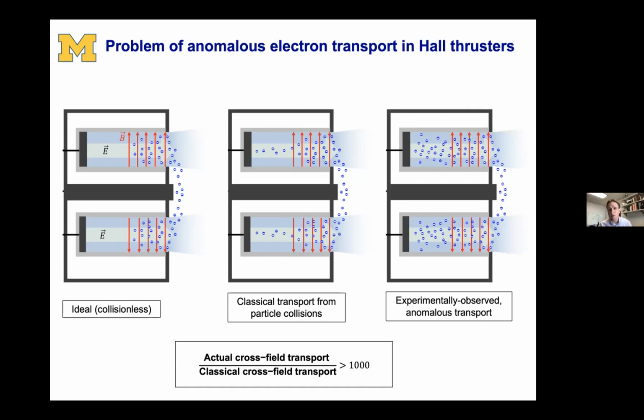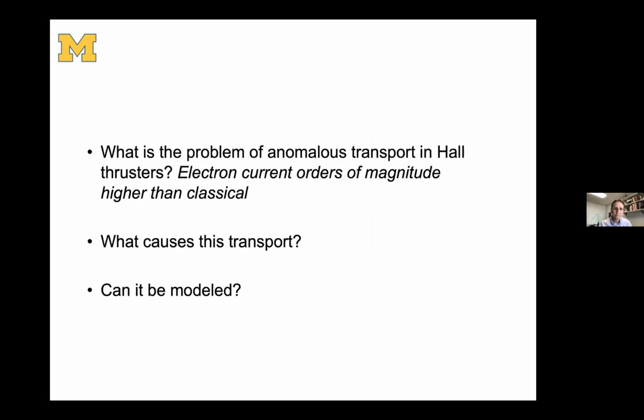So broadly speaking, this is the so-called anomalous electron transport problem in Hall thrusters: there is some mechanism which leads to this enhanced transport. To date, this has not been understood well enough to develop first-principles predictive models for Hall thruster operation. So there is the answer to the question, what's the problem of anomalous electron transport? The current is orders of magnitude higher than would be classically anticipated.